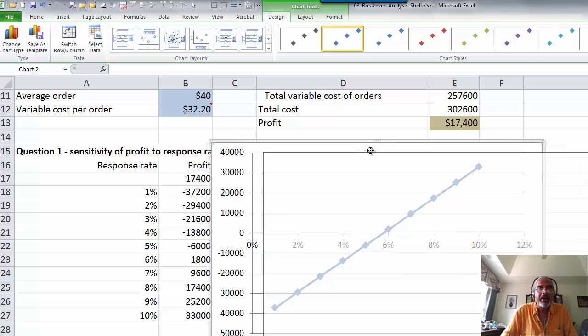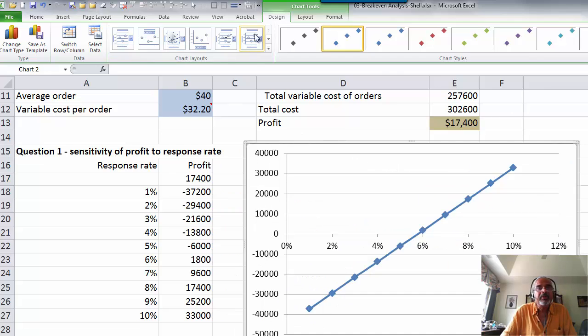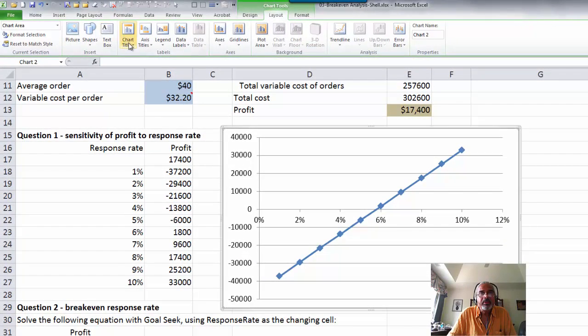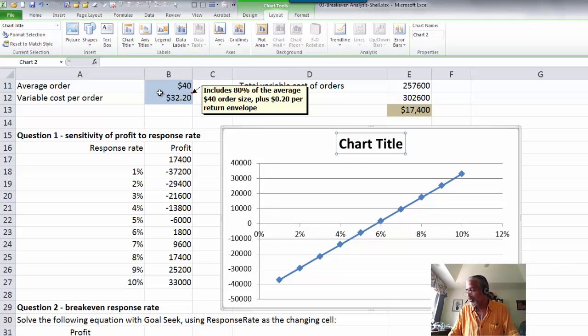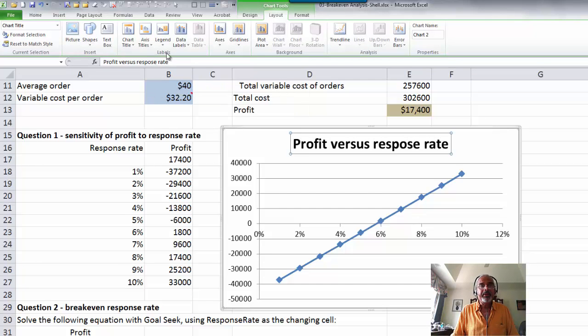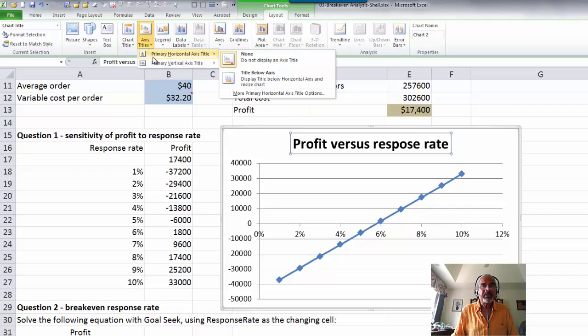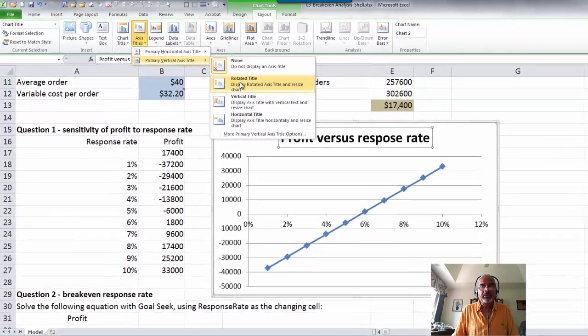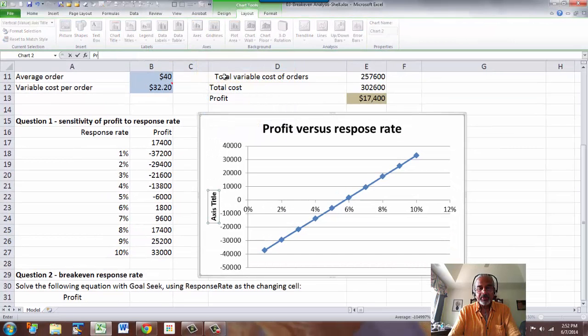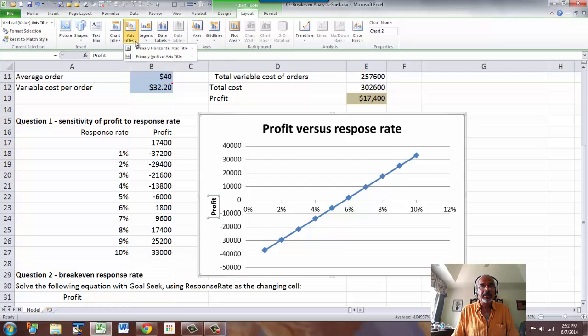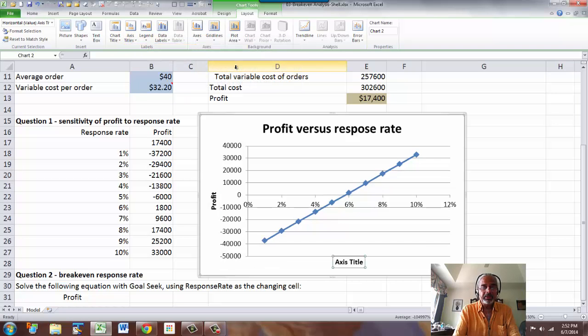Now let's format this graph by including a chart title, which is profit versus response rate, and y-axis title is profit, and x-axis title is response rate.